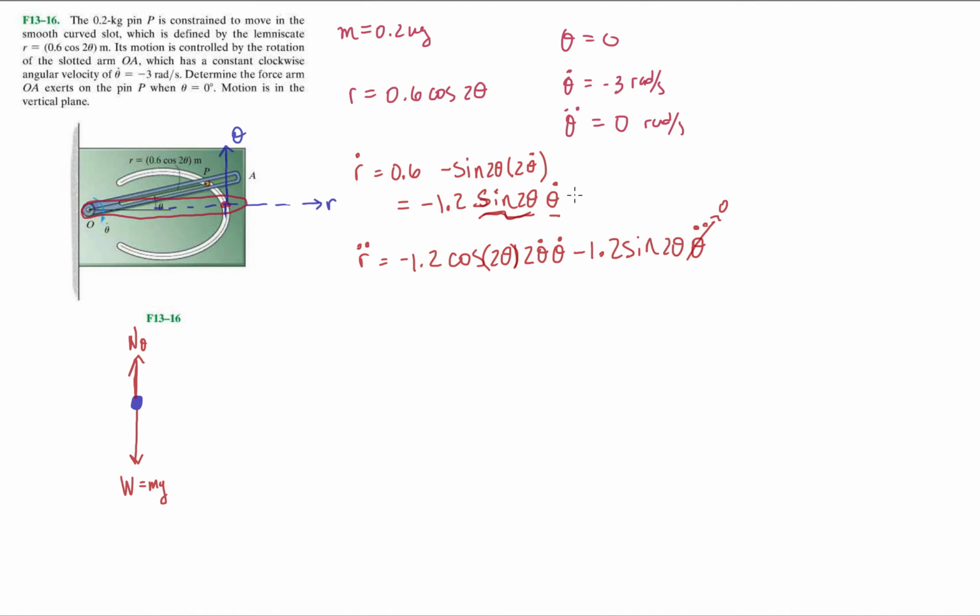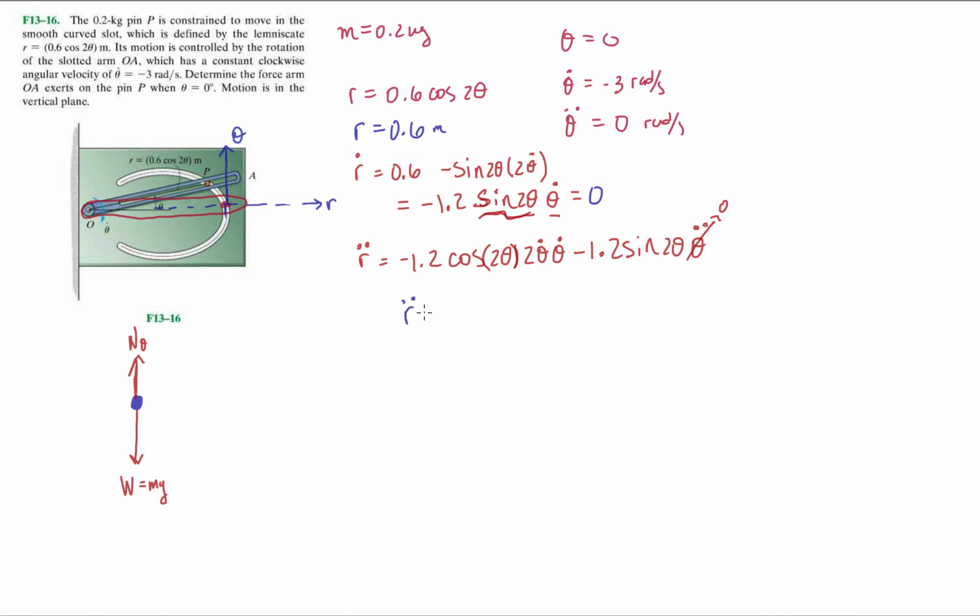We know that theta is 0, and sine 0 is just 0, so we know that this term is 0. That pretty much leaves us with evaluating what r is, which is going to be 0.6 meters, because cosine 0 is 1 times 0.6.